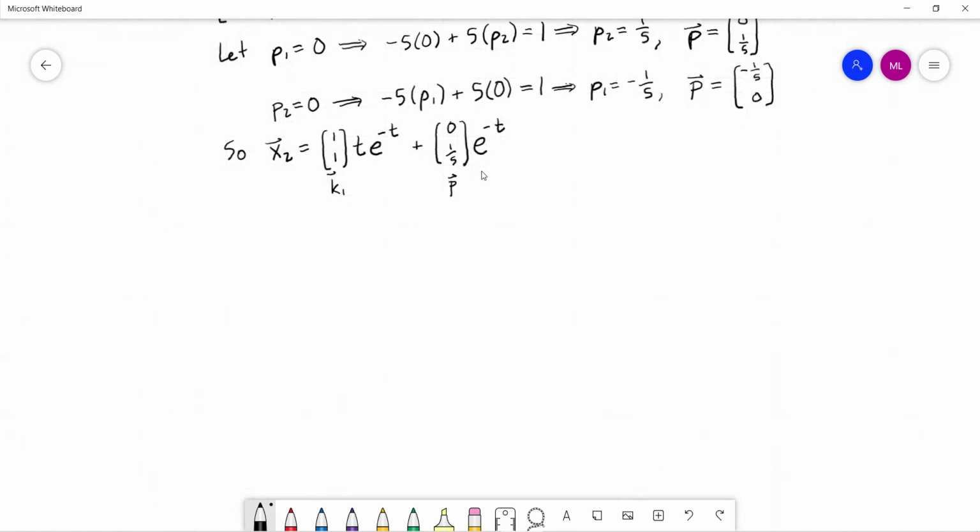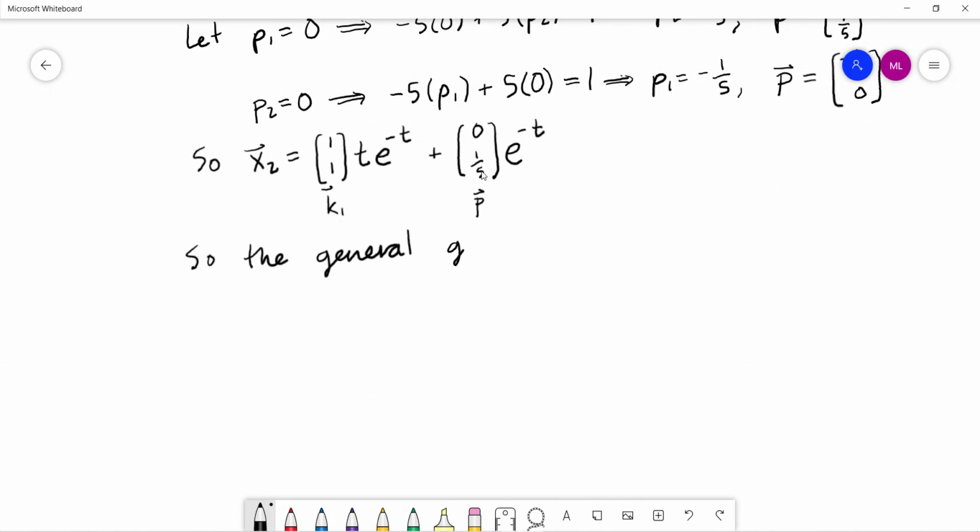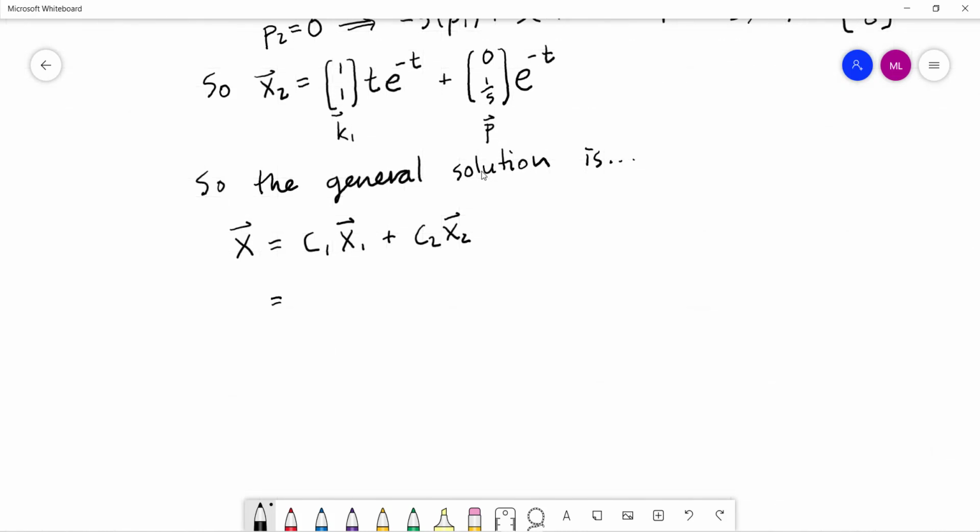Okay, now that we found x2, we can construct the general solution. So we now have two, by definition, linearly independent solutions, and our general solution is that x is equal to c1 x1 plus c2 x2, which for us is c1 times x1. x1 was 1, 1 e to the negative t, plus c2 times x2 is this thing that we just found.